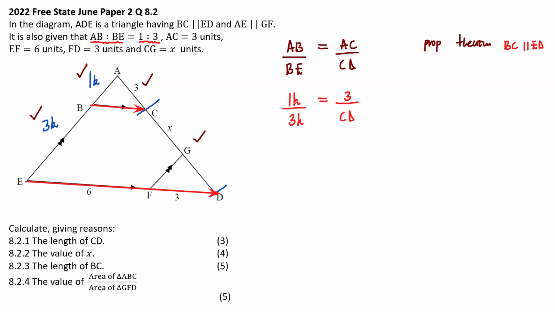The K's cancel out. I'm left with 1 over 3 is equal to 3 over CD, cross multiply. To find CD, 1 times CD, CD, 3 times 3, 9. So the answer is just 9 units in that case.